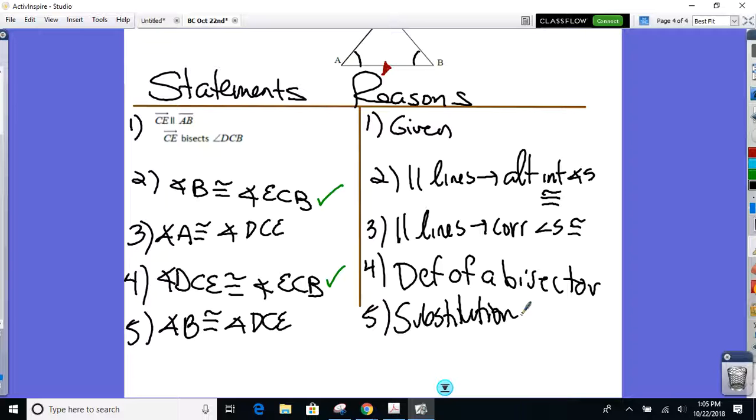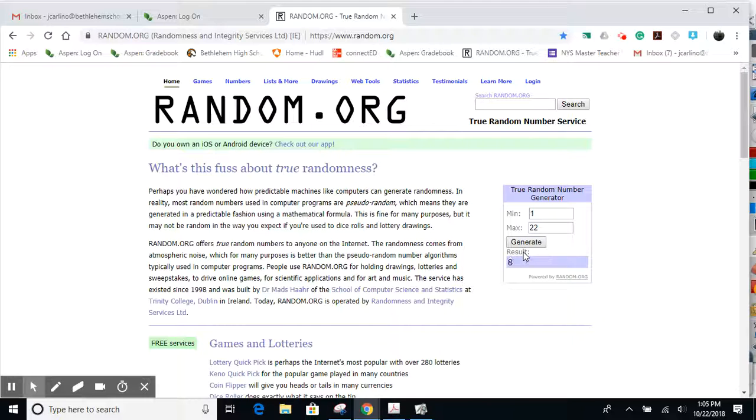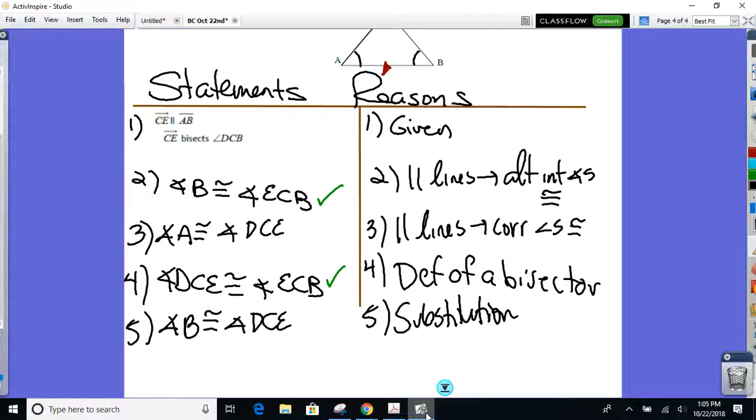And now somebody perform a substitution on steps 3 and 5 for me. 8, what 2 angles are equal when you do substitution on 3 and 5? There you go. That's what I needed. A second substitution.